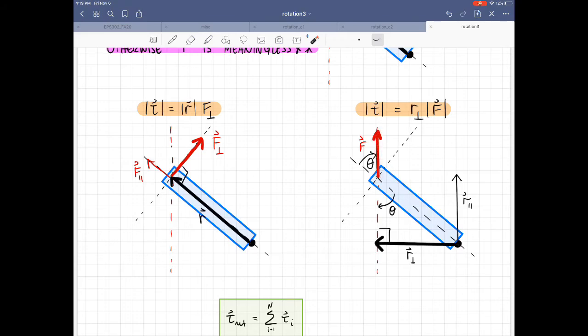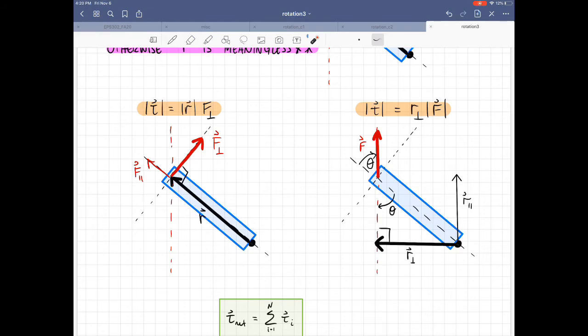So in this particular interpretation, you take all of the force and you multiply it by the amount of the distance that's perpendicular to that line of action. And you'll notice that this angle here is theta. So the length of this side here, remember this is r, so the length of this side will just be r sine theta.